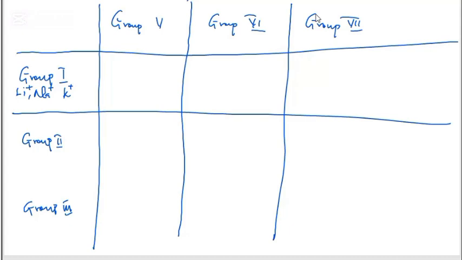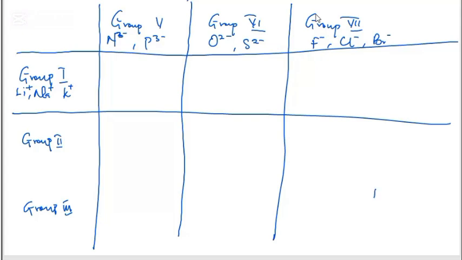Then let's take an example of group 5. For the first set, we have nitrogen 3 minus and phosphorus 3 minus, while group 6 we have oxygen 2 minus and sulfur 2 minus, and for group 7 we have fluorine minus, chlorine and bromine. So let's do the first one. When a group 1 element reacts with a group 5 element, what do you get? They react in inverse proportion.